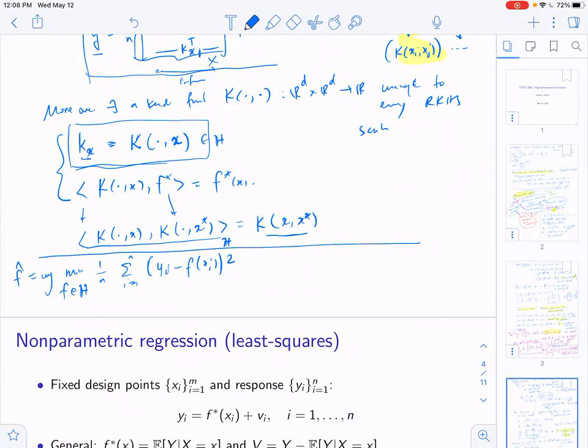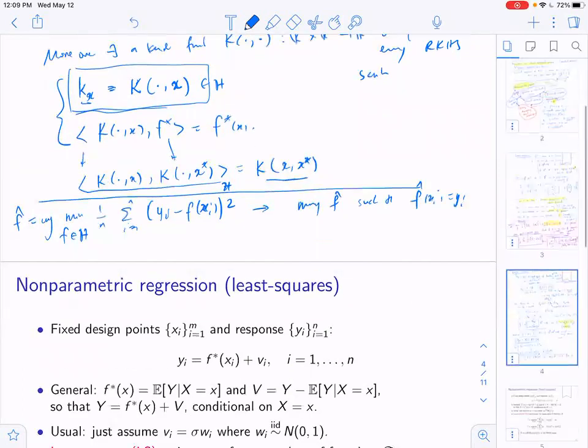This is really an infinite dimensional space, and so you would get many f hats such that f hat(x_i) is y_i. So you can interpolate perfectly all these points.